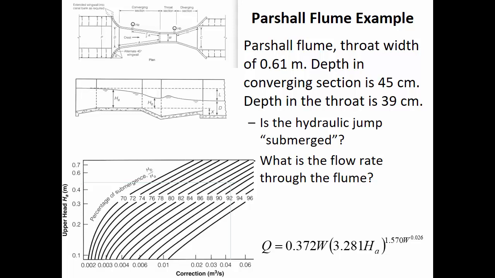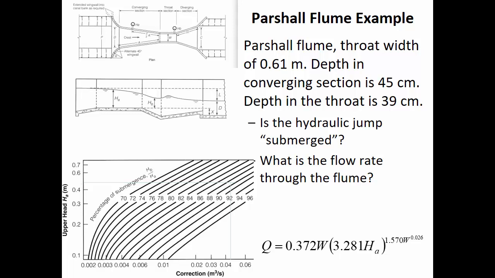So if we do 0.39 divided by 0.45, what do we get? H sub B to H sub A is 0.87. So it's 87% submerged. What's the limit that we can handle without having to correct? 0.7. That's right. So 70% is the limit.